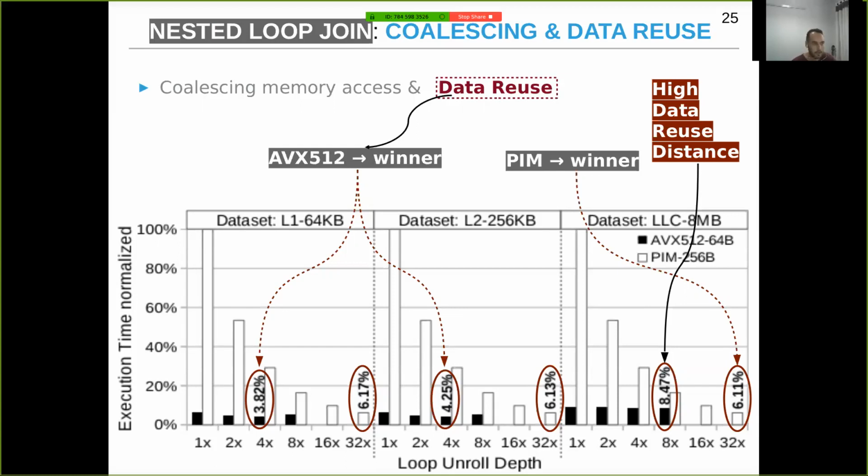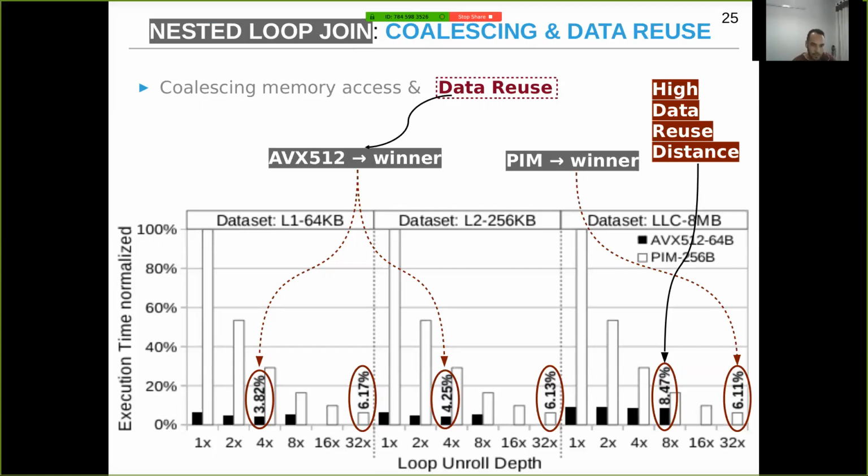Okay, what is the data reuse distance? It is the number of distinct memory references that have happened between two memory accesses to the same location. Let me give an example.